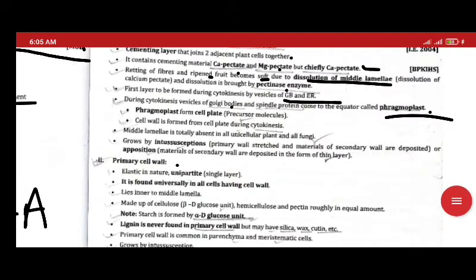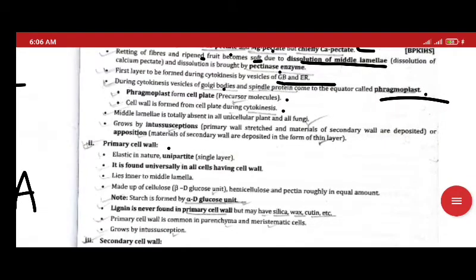Now the phragmoplast forms the cell plate in plant cells, while in animals there is furrowing, but animals don't contain a cell wall. The middle lamella forms from the cell plate during cytokinesis. It is totally absent in unicellular plants and all fungi.